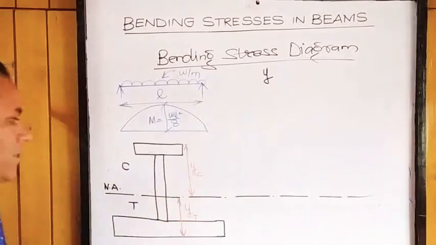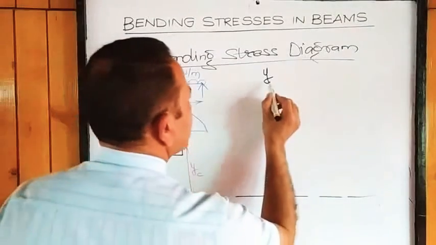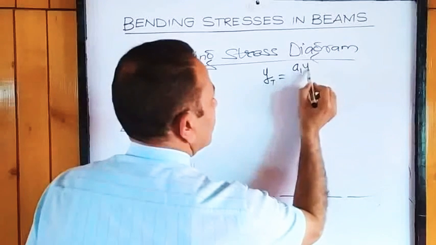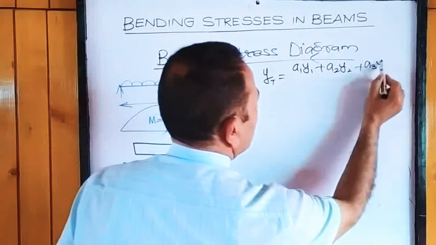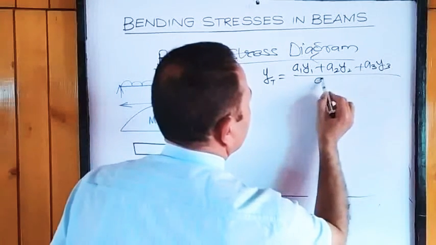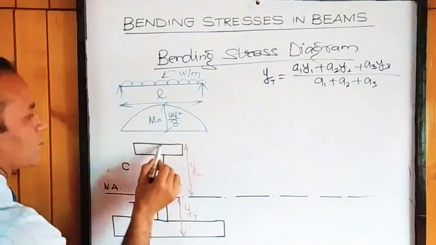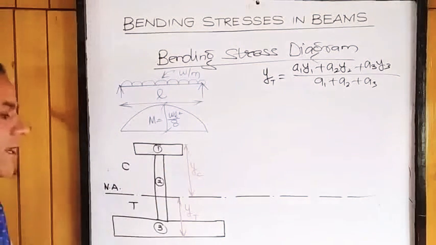So we'll have to locate this neutral axis first. So we calculate this tensile YT as A1 Y1 plus A2 Y2 plus A3 Y3 divided by A1 plus A2 plus A3, where A1 is corresponding to this area, second is this rectangle, and third is this rectangle.